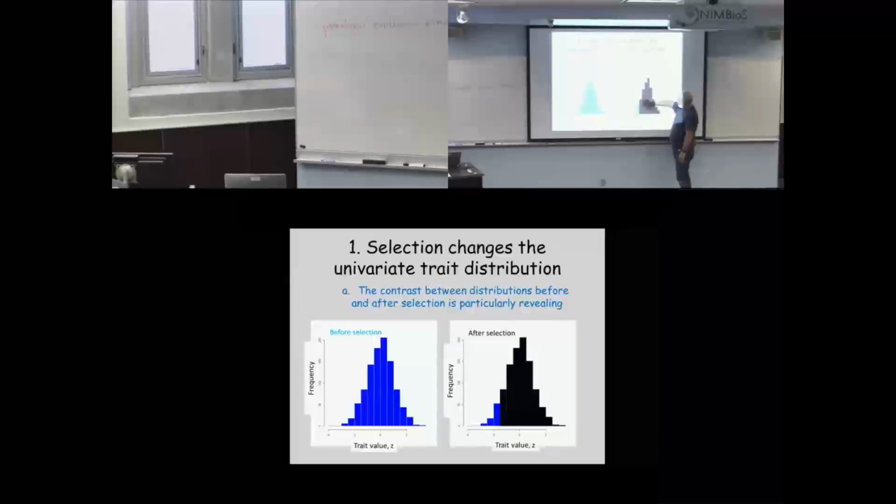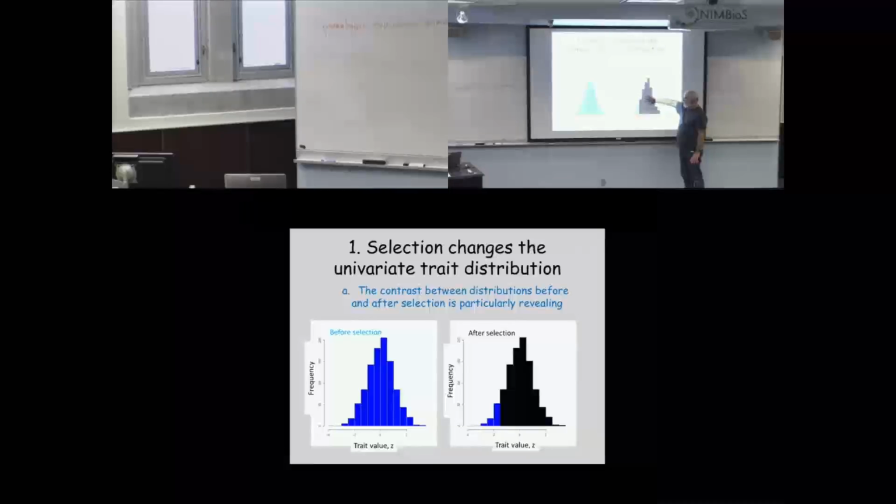Now, the distribution after selection could be the survivors, as in this example. It's natural to think of these as the individuals beyond the truncation point. But what we really mean here in general are the individuals before selection weighted by their fitness to the next episode.